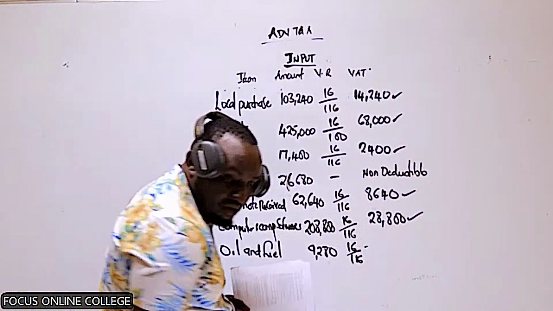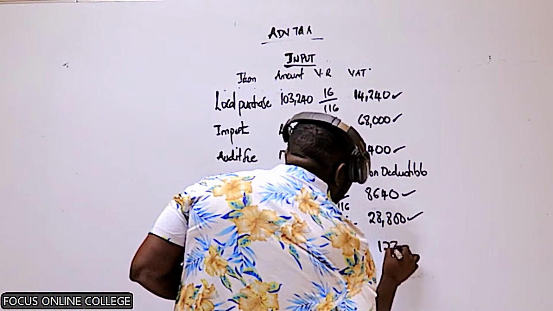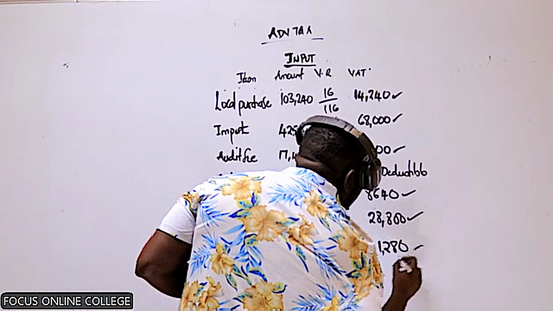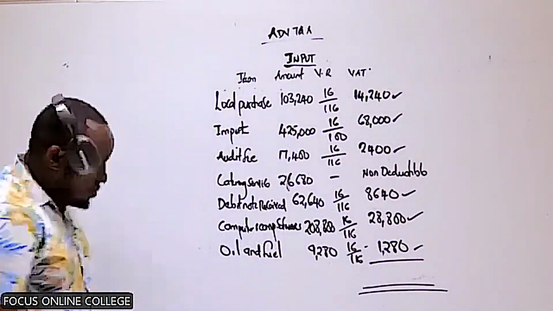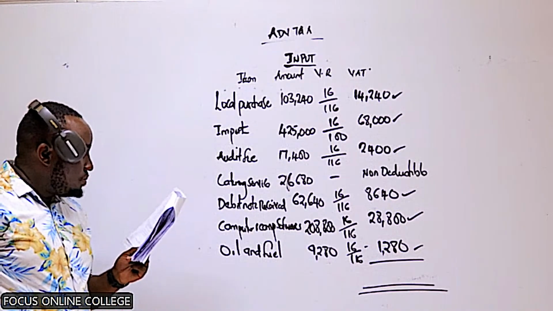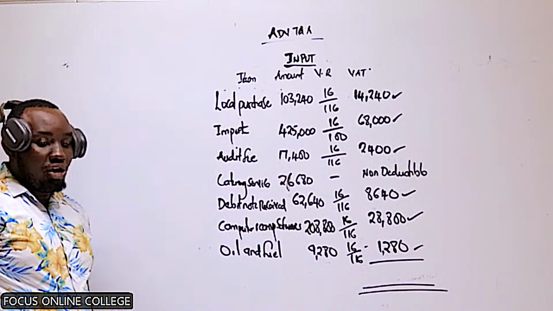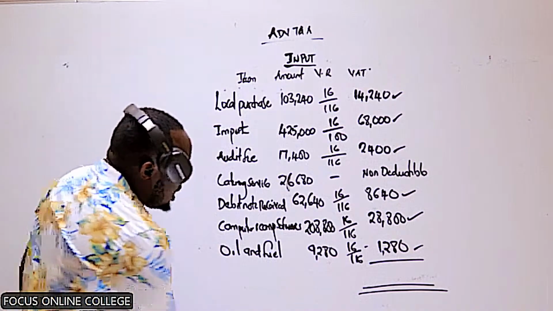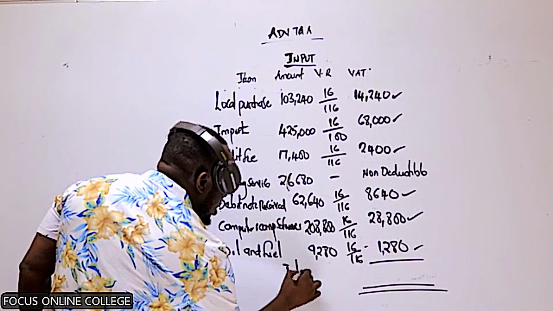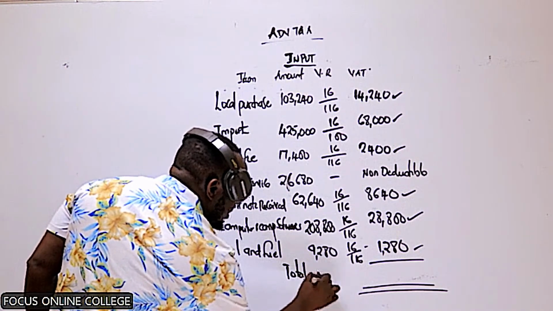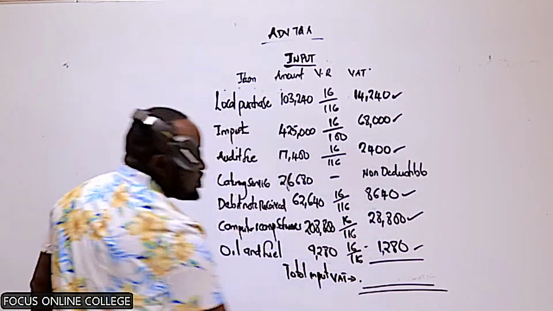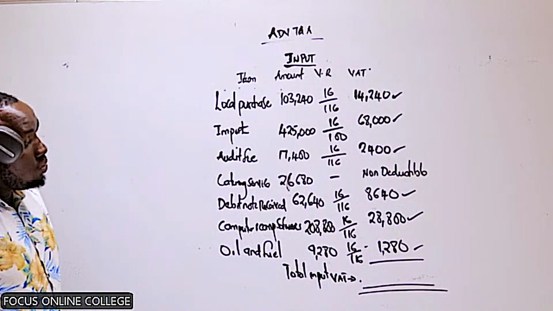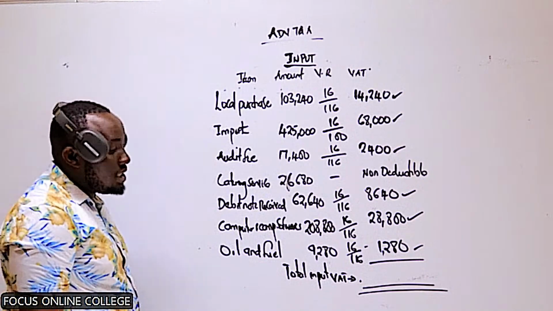So that is 12, we have it as 12,80. I hope there's no input. There's no input. So what is the total input VAT?